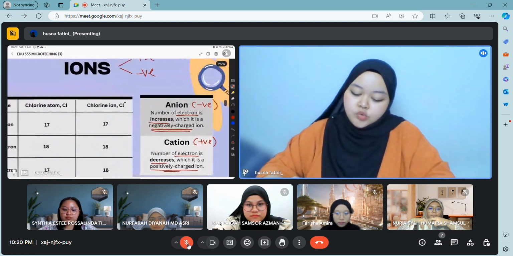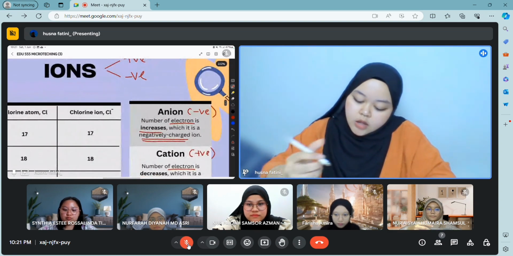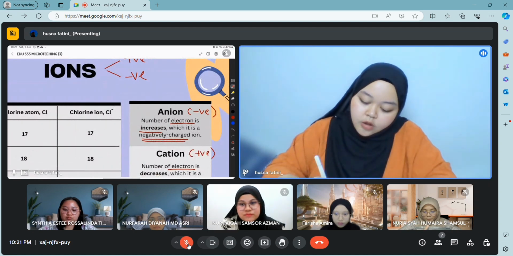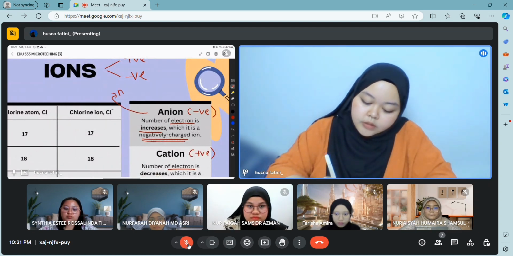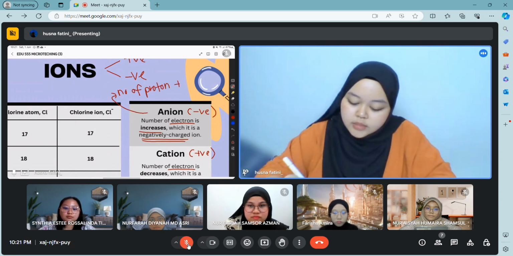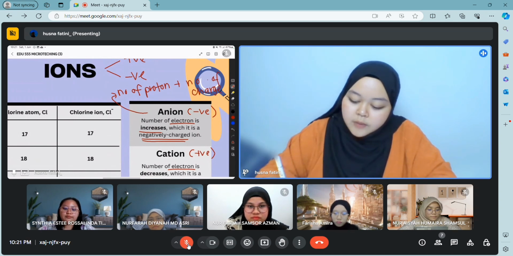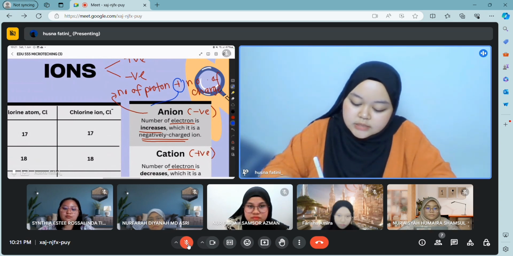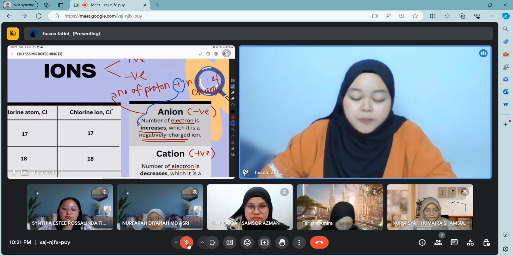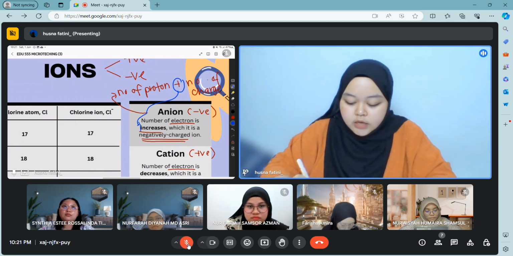So what we can do from here, actually, for the anion, the number of protons, you need to plus with the number of charge. I put plus because it says that the number of electrons needs to increase.